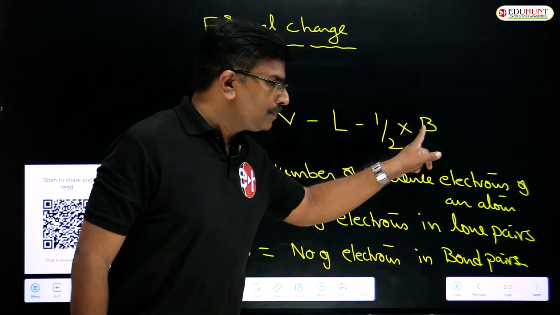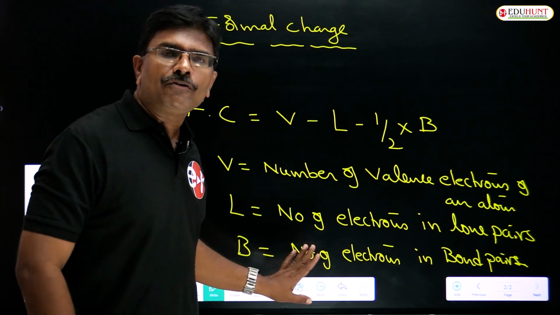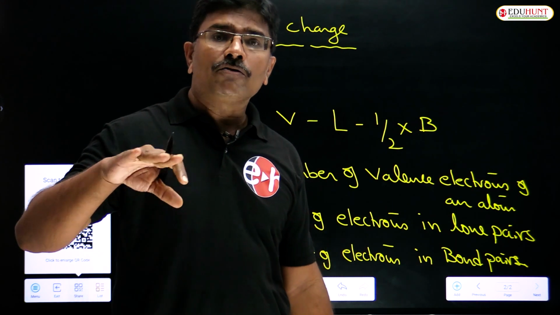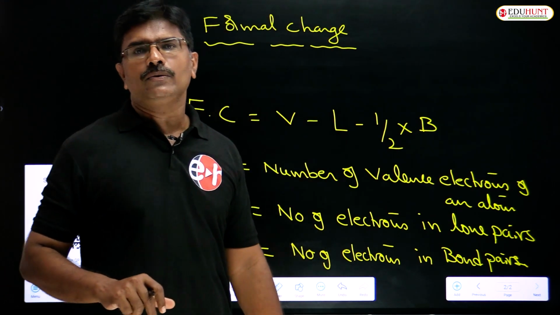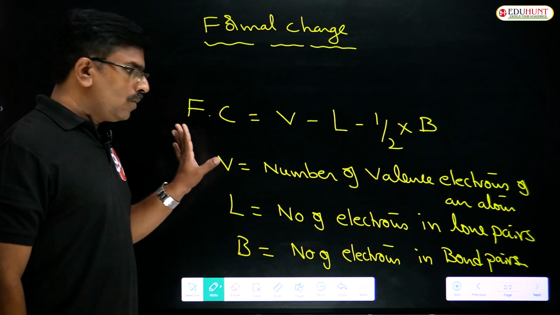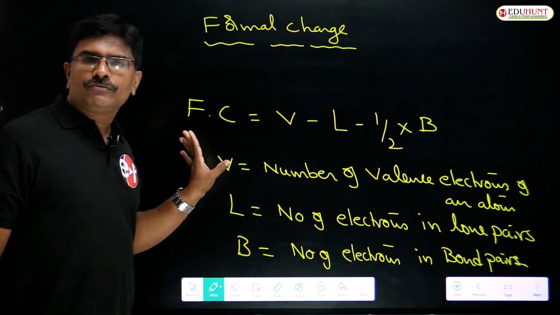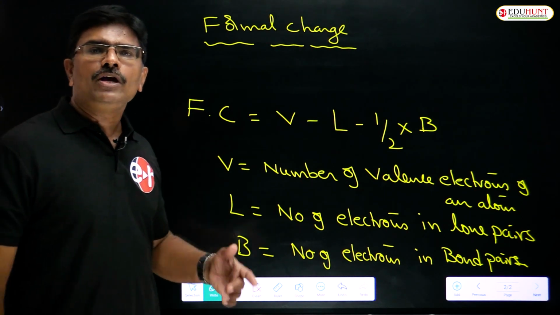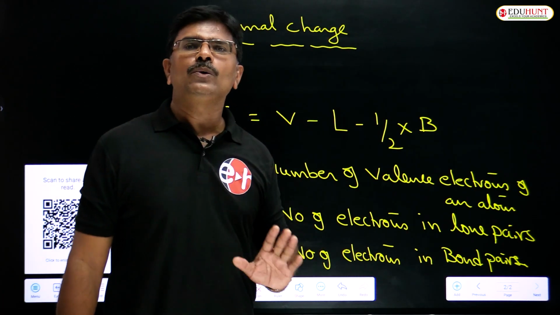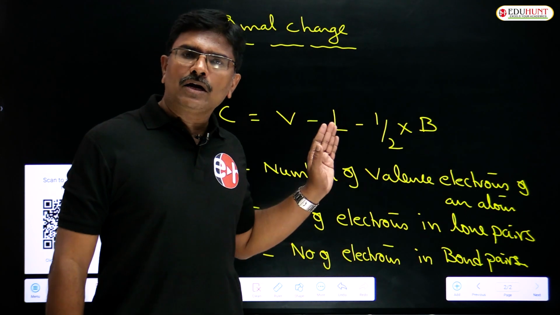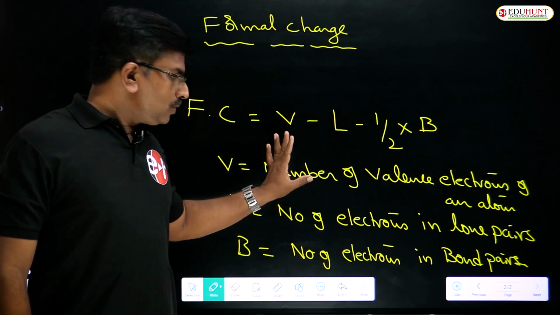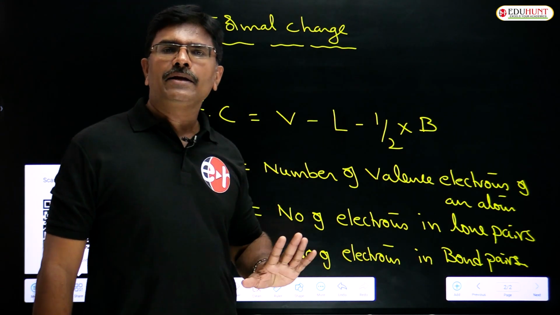And B is the number of electrons present in bond pairs, so the total number of electrons in bond pairs we need to consider. Hope you have got the idea of this formula: formal charge is equal to V minus L minus half into B. Just keep it in mind.